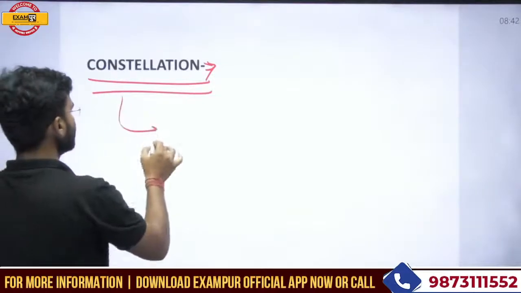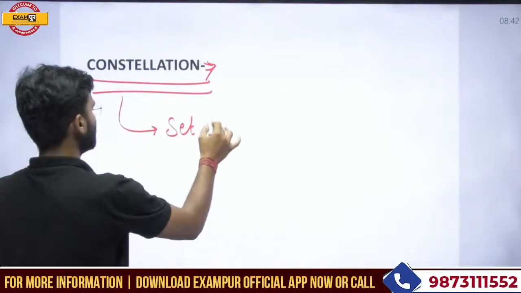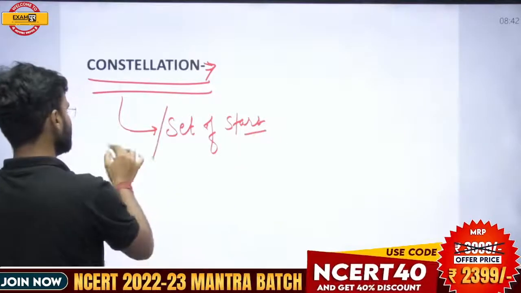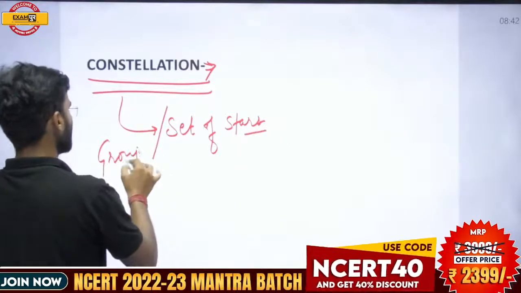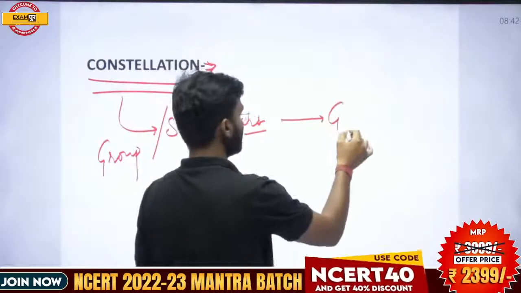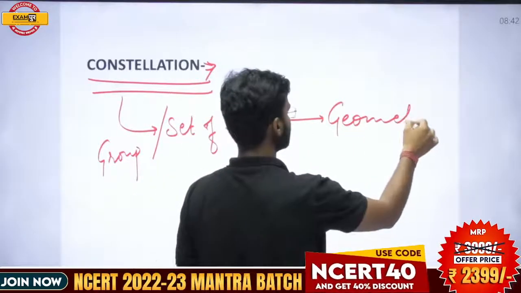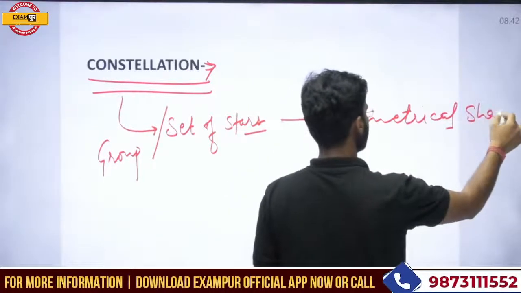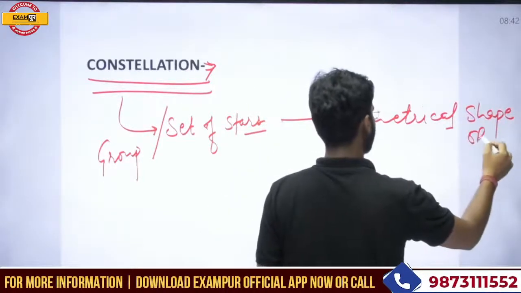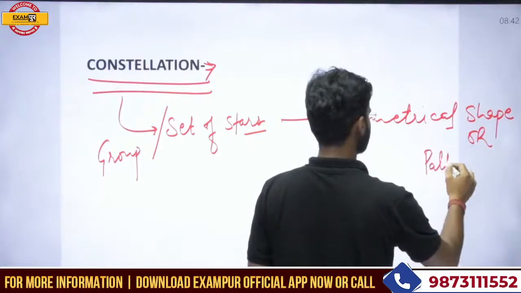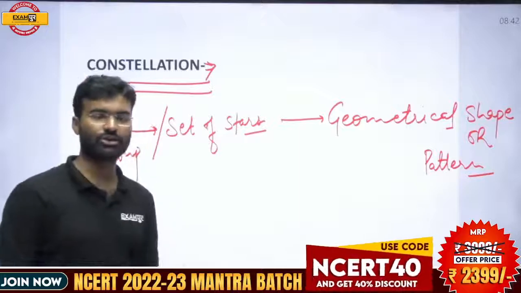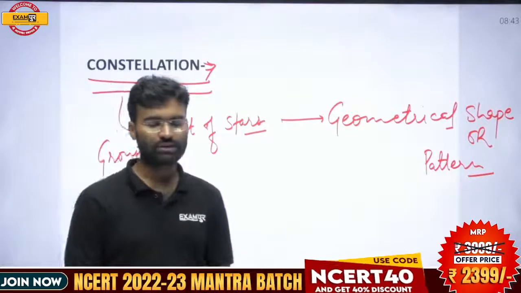So you can say the set or group of stars which make a geometrical shape or pattern is called the constellation.